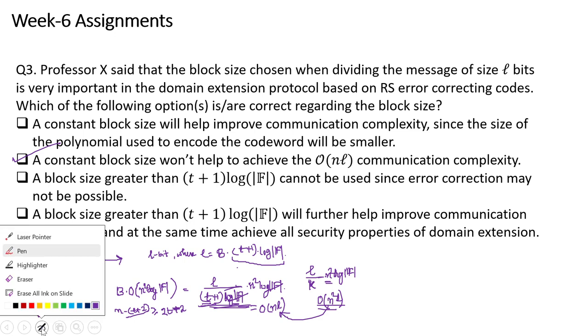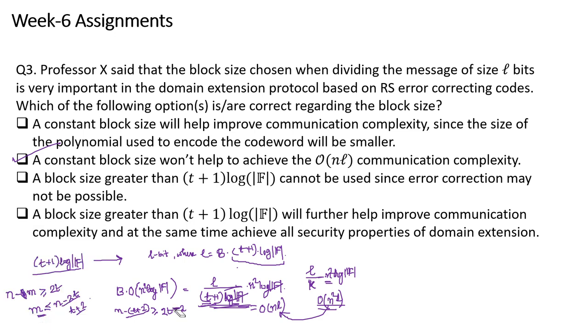So n minus (t plus 2): n is the size of the codeword, t plus 2 is the size of the data word if we are using a block size greater than this. So this will be at least t plus 2, and n minus (t plus 2) is greater than or equal to 2t minus 2, because n is greater than 3t.